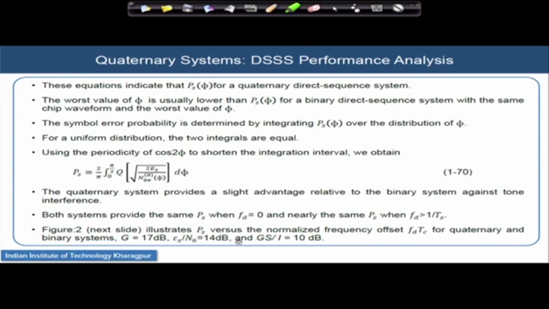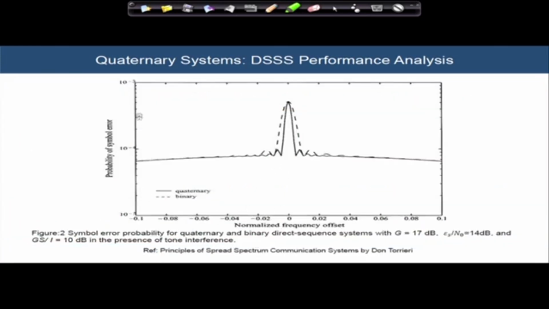Next we have given the symbol error probability versus the normalized frequency offset for both the quaternary and the binary system.